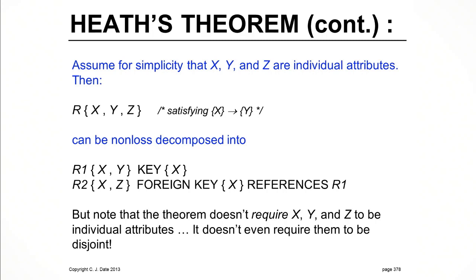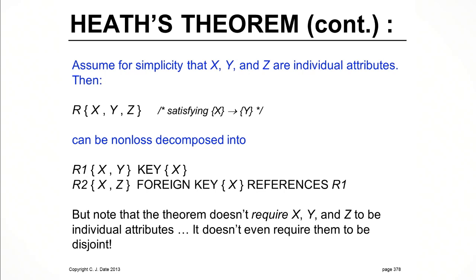There are just three attributes, X, Y, and Z. So we have R{X, Y, Z} satisfying the functional dependency X → Y. Heath's theorem says we can break it down into R1 containing attributes X and Y, and by the way, X will be a key here because of this functional dependency, and R2 on X and Z, and X here will be a foreign key referring to the key X up there. So that's basically what I did in the example.